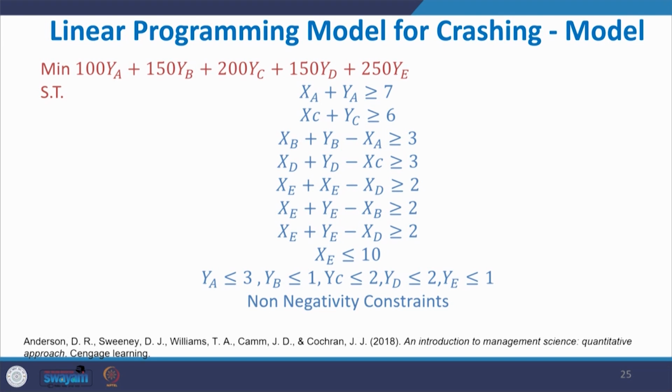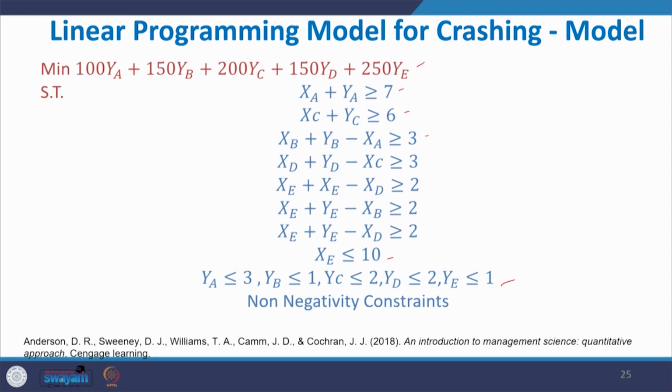Now, I have brought the complete linear programming model. The first one is the objective function, and there are constraints for all activities. The constraint XE less than or equal to 10 is provided by the management. The last YA, YB, YC, YD, YE constraints are the maximum allowable crashing times for each activity.